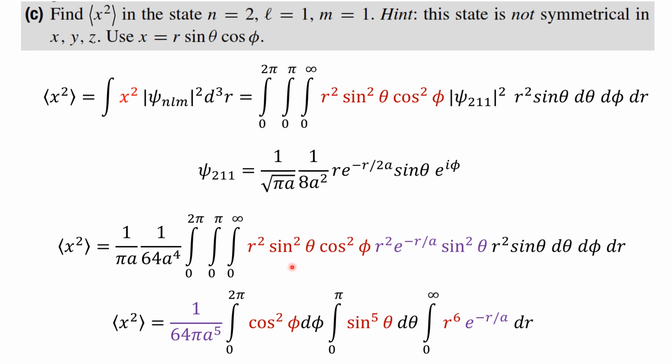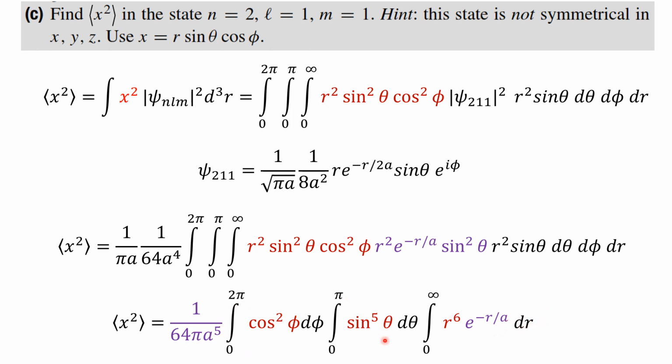Then you club all the sine squared theta terms. Here you have sine squared, here you have sine squared, here you have sine theta. So you will get sine power 5 theta dθ, and the r terms: here r squared, here one r squared, here one r squared. So this will become r power 6, and this exponential term e power minus r over a dr.